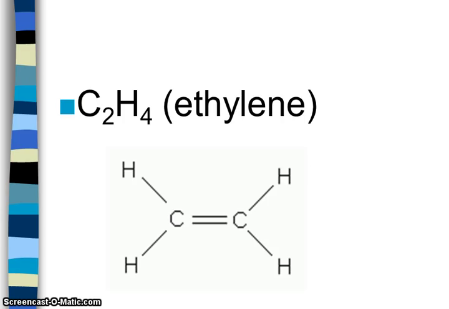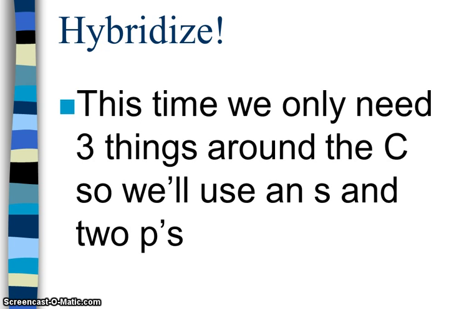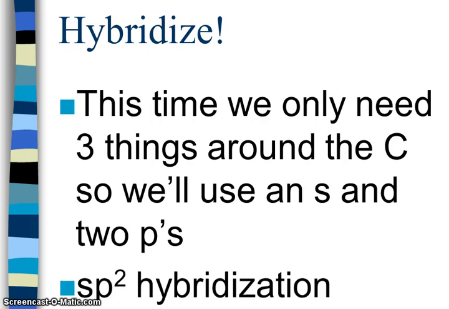C2H4. If we look at our Lewis structure here, and at each of our carbons, each carbon is bonded to three things: two hydrogens and the other carbon. So we're going to have hybridization taking place with these carbon atoms as well. But this time we only need three things around our carbon atom, so we'll use the s and only two of the p orbitals in carbon for our hybridization.